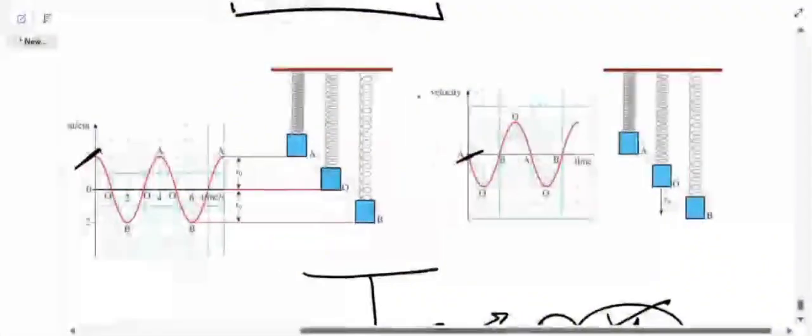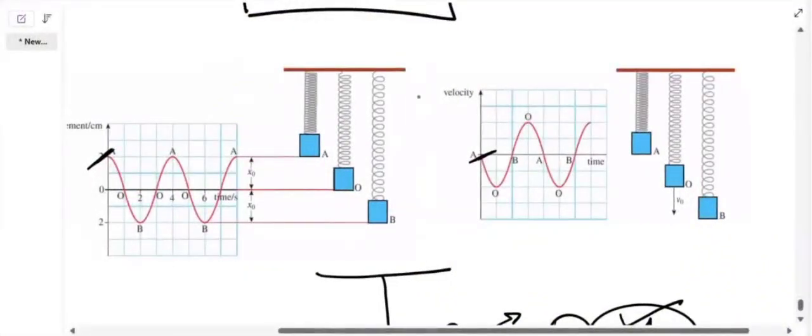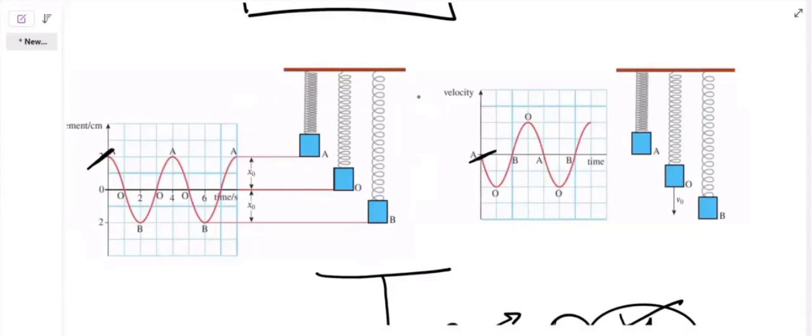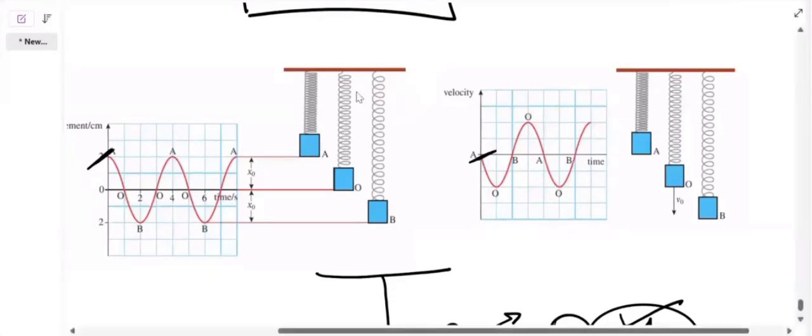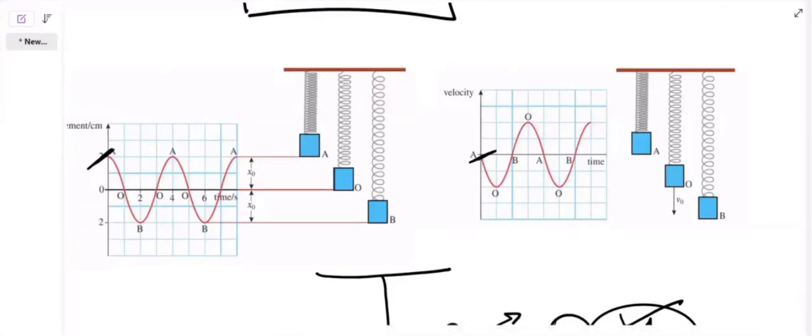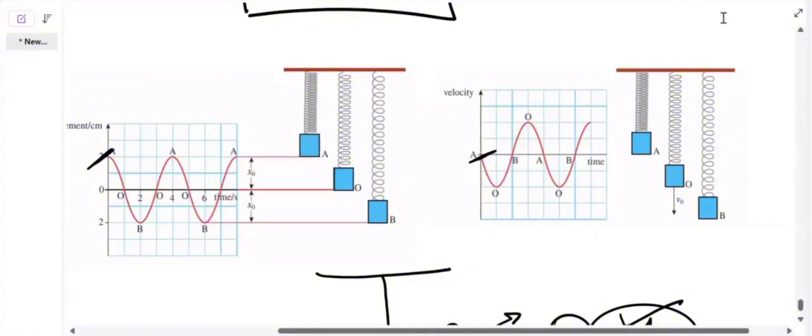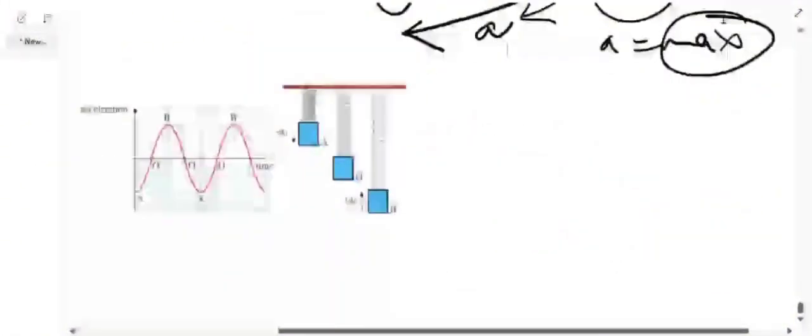You want to write these two also? Yes, ma'am. Be fast. Are you done? No, ma'am. 1 second, ma'am. I'm drawing the graph. Yes, ma'am. Done? Yes, ma'am.